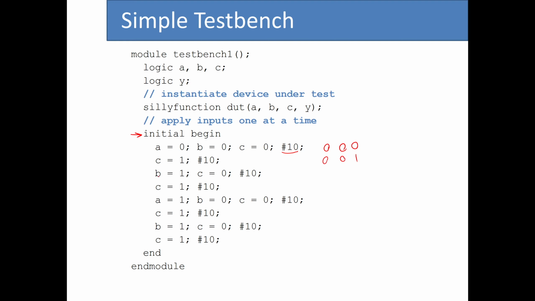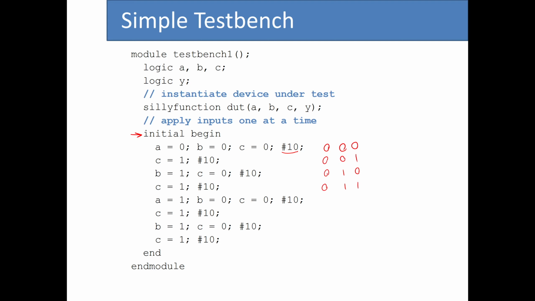Then we change B to 1 and C to 0, so 0, 1, 0, and then we change C to 1, so 0, 1, 1. At any given time, what this is doing is changing the inputs A, B, and C and recording, or simply showing, the value of Y.